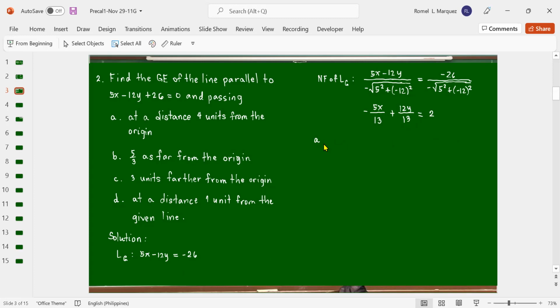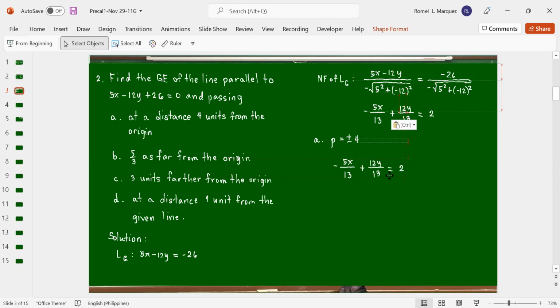What's the P of letter A, guys? 4 units from the origin, so positive or negative, it can be above or below. Copy the left side of the normal form of the given line.